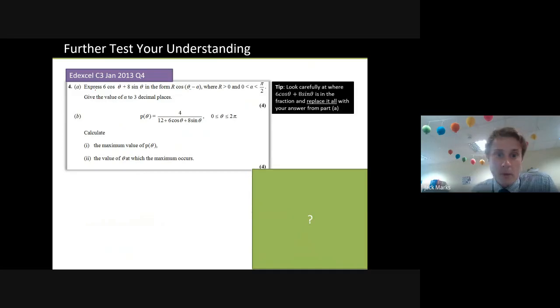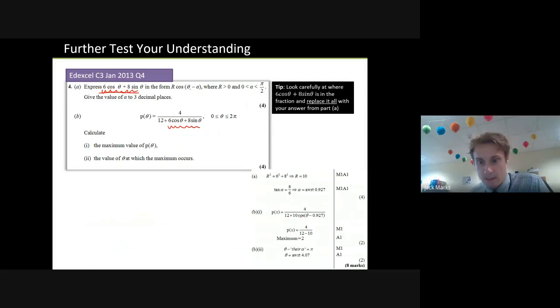So part A is take this thing here and rewrite it. And then for part B, we're supposed to notice that is the same as that part there. Okay, so let's just reveal. So this ends up becoming 10 cos of theta minus 0.927.